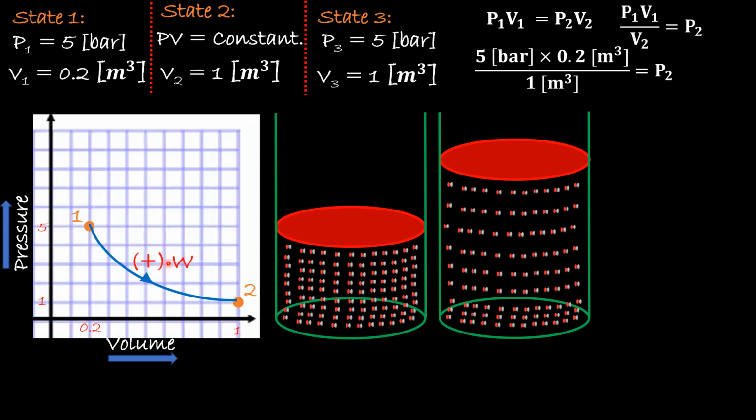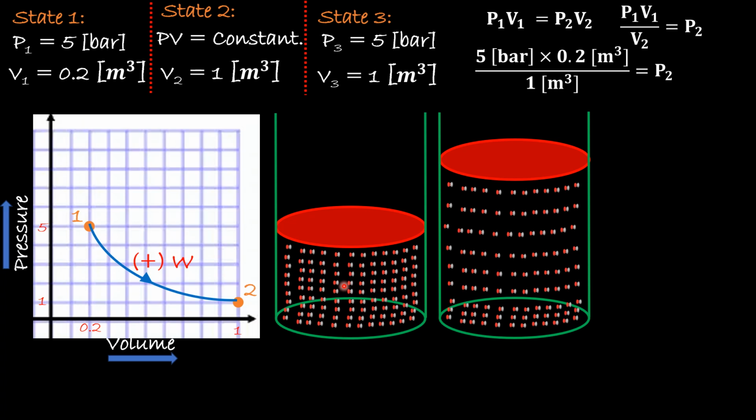Now think about it. The gas in here moved the piston up. So the gas, which is in this case the system, did work on the surrounding, and here the surrounding is the piston.